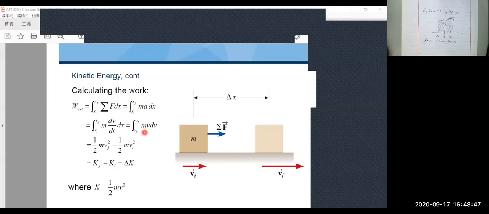Mathematically, in terms of calculus, we could obtain the answer for this calculation by some operations. So this would be the result of the operation. As we see here, the two terms are very similar. They have the format 1/2 mv squared. The only difference is that the first term has the final velocity in the v, and the second term has the initial velocity in the v.